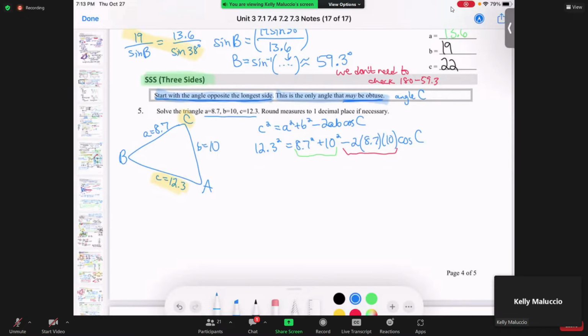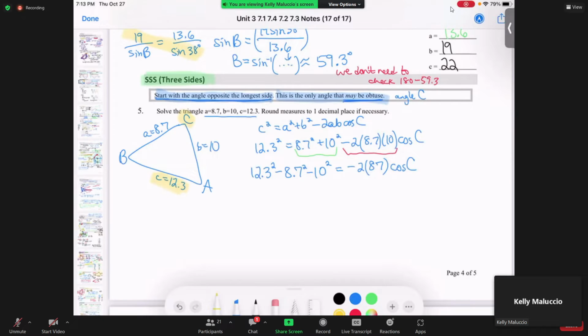Because we want to round at the end, I'm going to just write everything out. We get 12.3 squared minus 8.7 squared minus 10 squared. You could write 100, I guess. Equals negative 2 times 8.7 times 10, which is 87. I could just keep that, but I would still write everything out here.